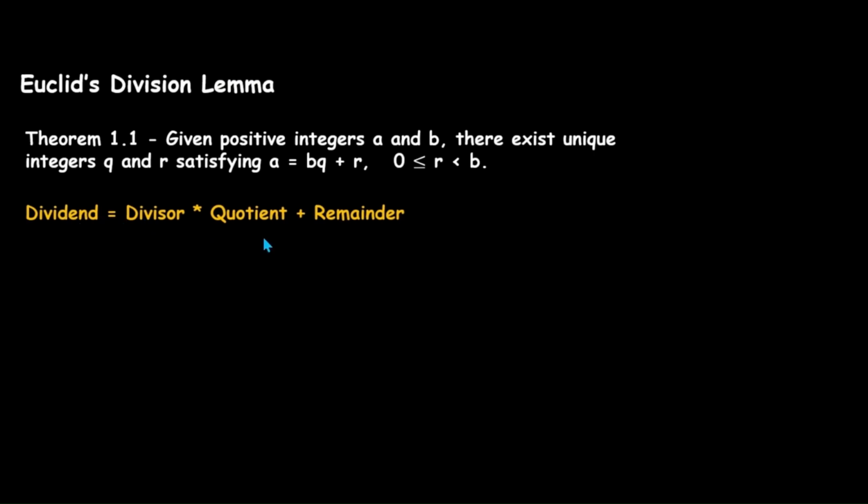So the important point to note here is that when the remainder is 0, then divisor is a factor of dividend. And if the remainder is a non-zero number, then divisor is not a factor of dividend.